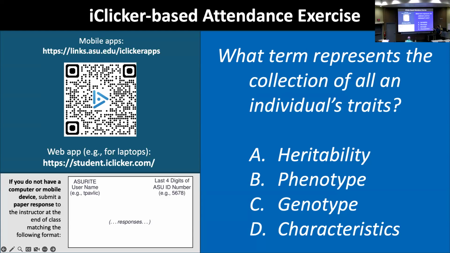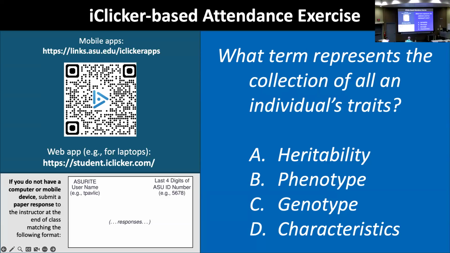Is it heritability, phenotype, genotype, or characteristic? You might argue that semantically some of these terms could be used that way, but what's the term that we as experts in biology use for the collection of all of an individual's traits?